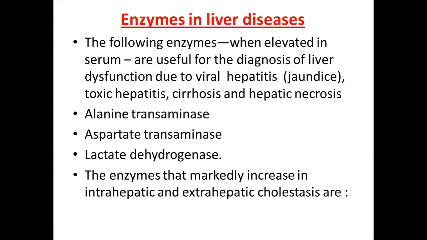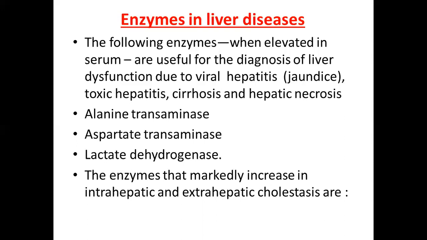And liver dysfunction may be due to viral hepatitis like jaundice, toxic hepatitis, cirrhosis, or hepatic necrosis. We have already discussed the earlier terms in a detailed way. Only the hepatic necrosis remains.